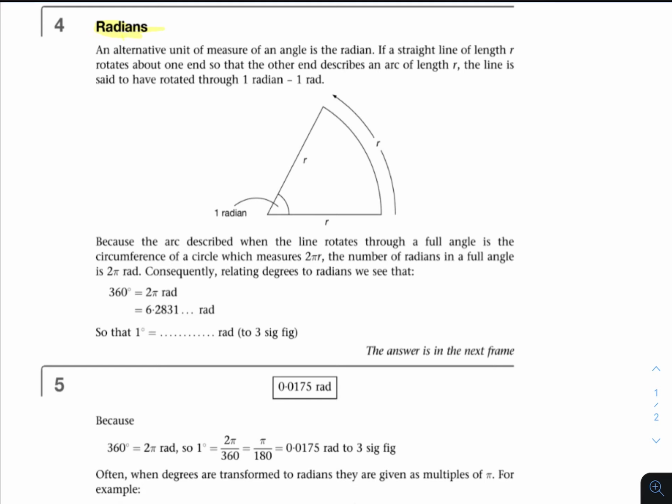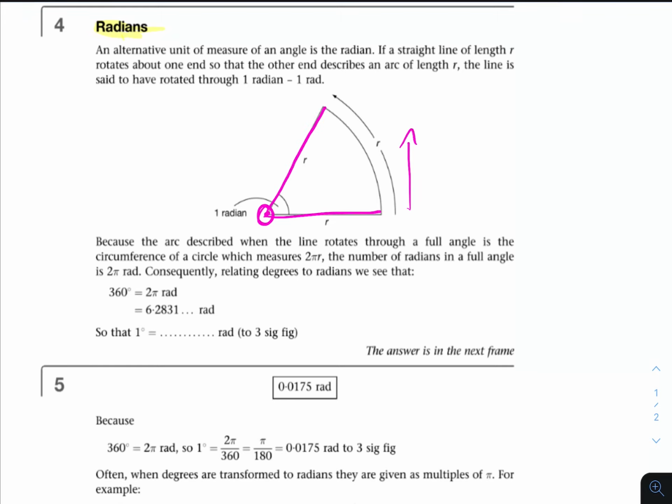If a straight line of length r rotates about one end so that the other end describes an arc of length r, the line is said to have rotated through 1 radian or 1 rad. So that's fairly straightforward. So you've got a straight line here. If you move that straight line up in this direction, but keeping this point the same, you would end up with the line being here.